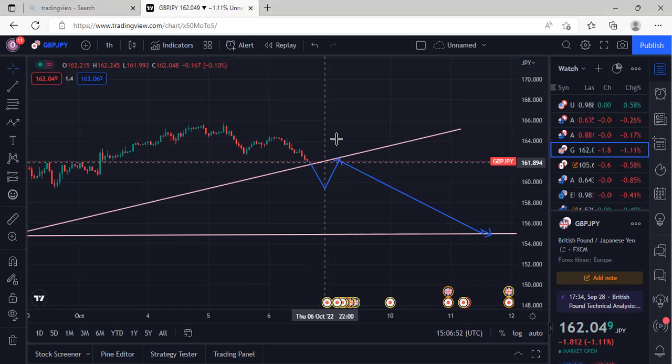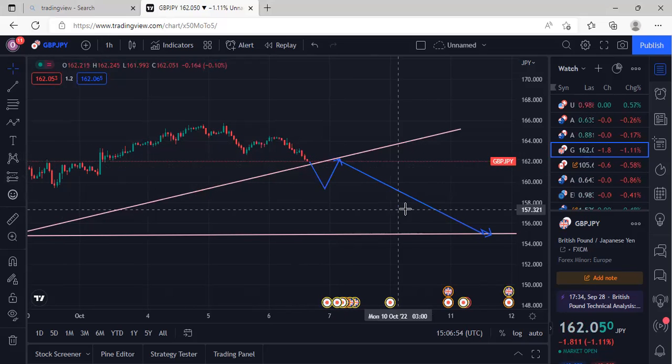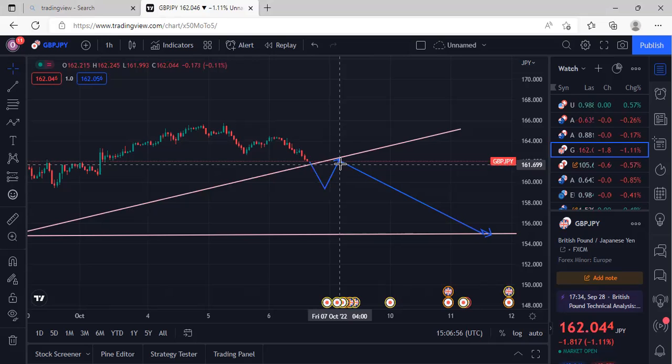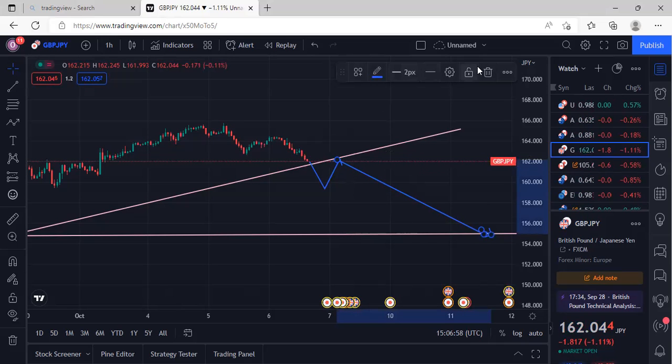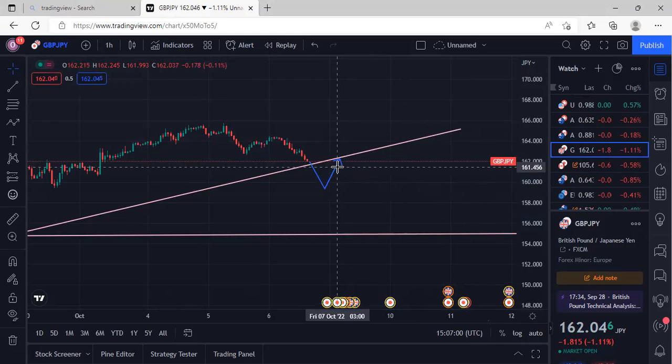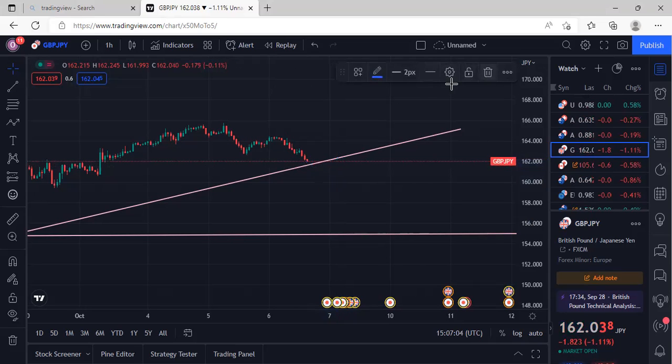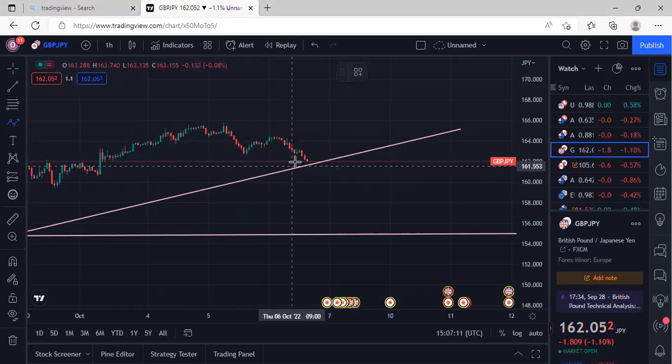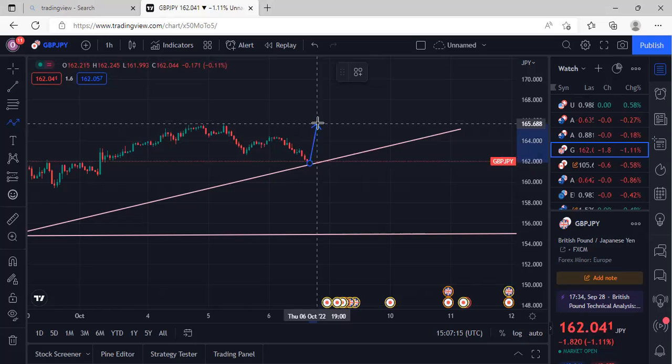If it doesn't break this particular trend line, we will wait to see something like this. If that particular trend line won't be broken, we will be waiting to see something like this, just like that.